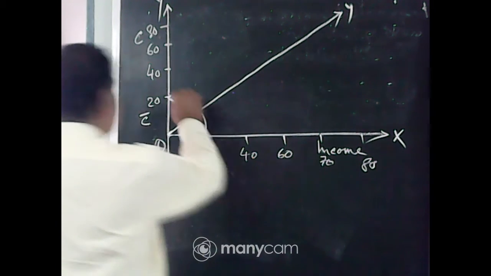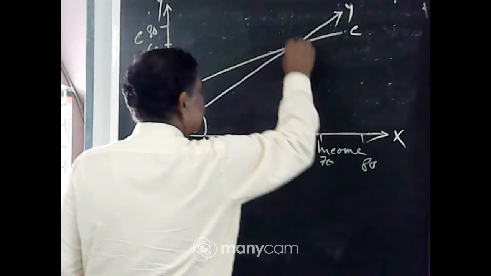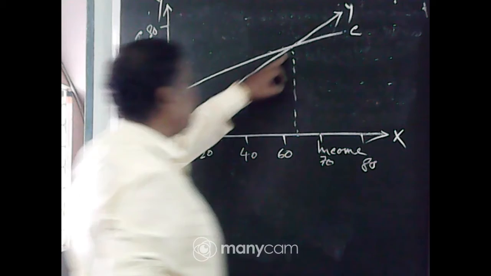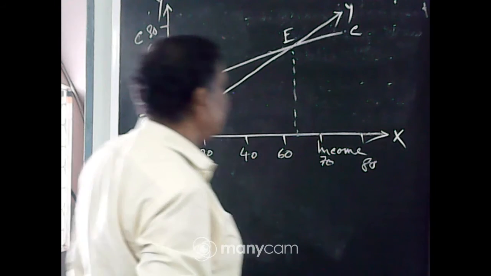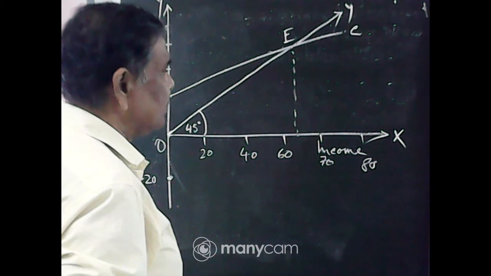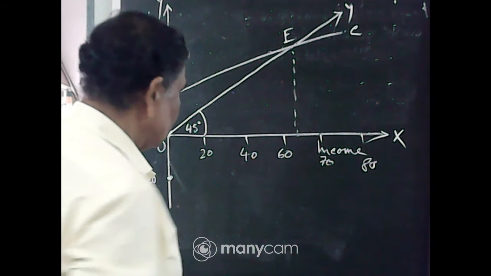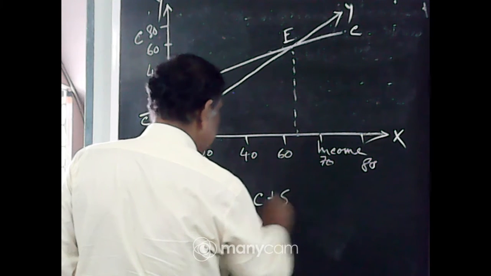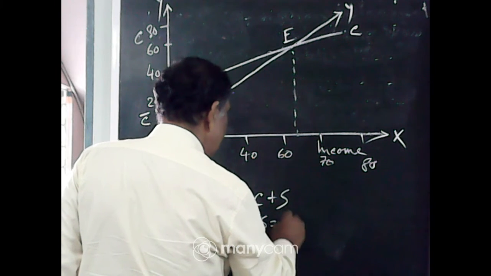Now, as the consumption curve starts here, that is C, at the point E, the point where Y and C are equal to each other, S is equal to 0. We know that Y is equal to C plus S. If Y is equal to C, then S must be equal to 0.